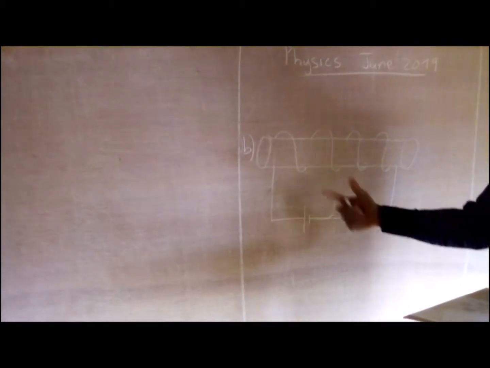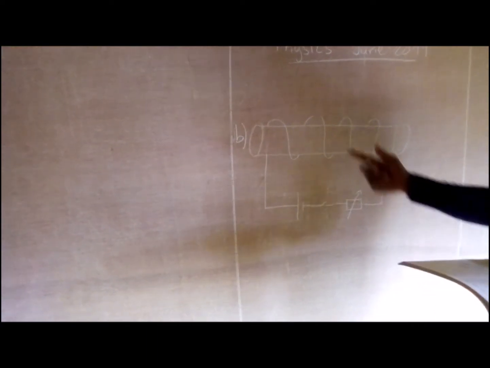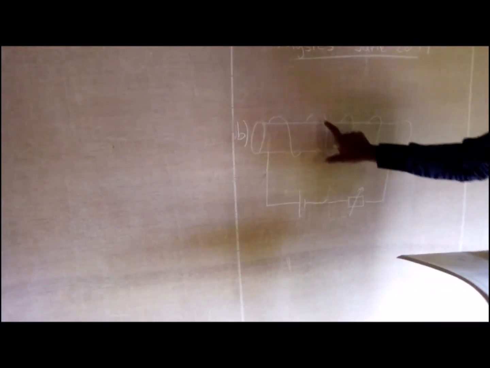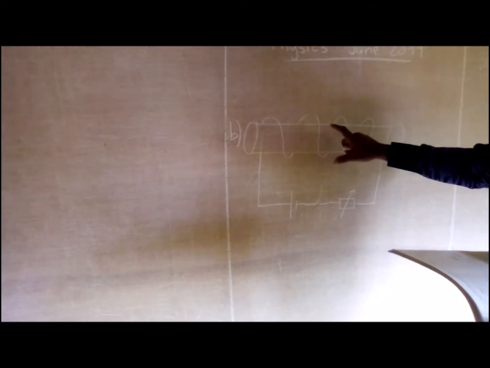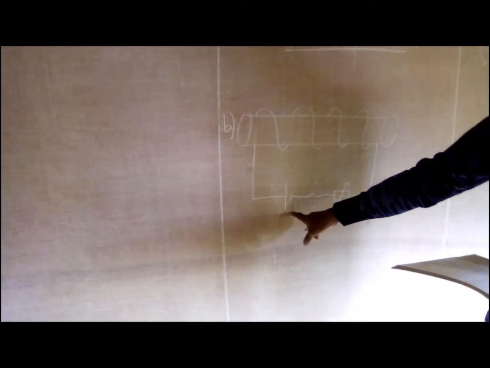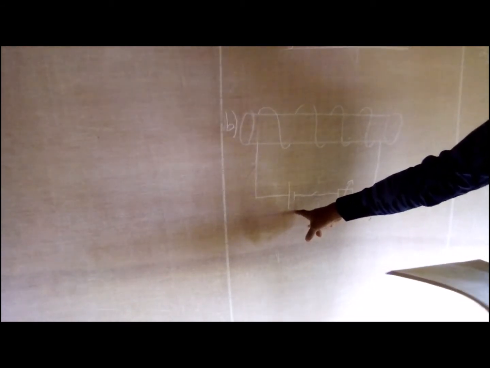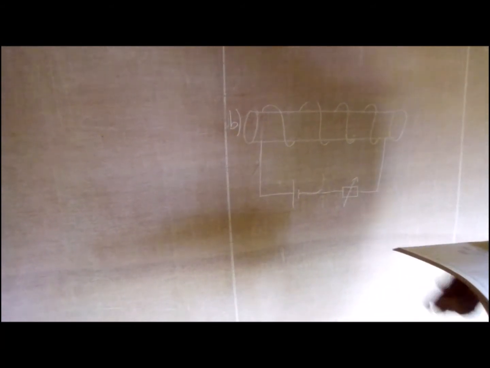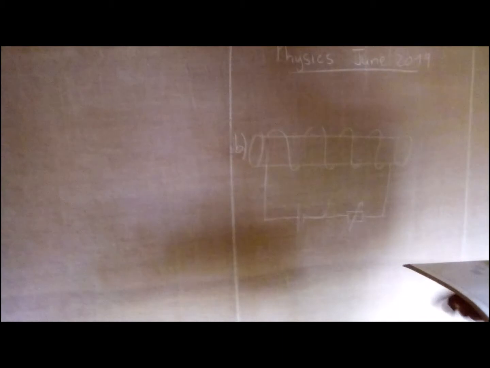Here is question 1b. It says figure 2 shows a solenoid on a cardboard. The ends of the solenoid are connected to a DC supply. Here is the DC supply. Question 1: copy the figure and sketch the magnetic field, indicating the polarity.